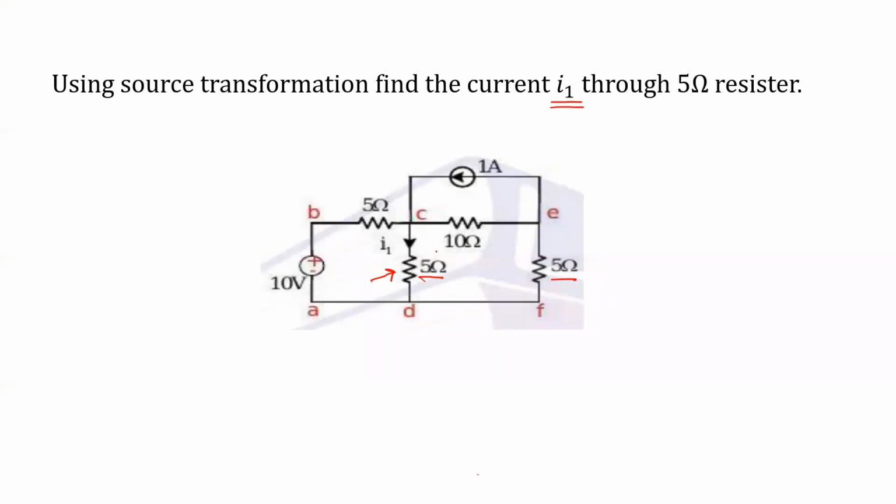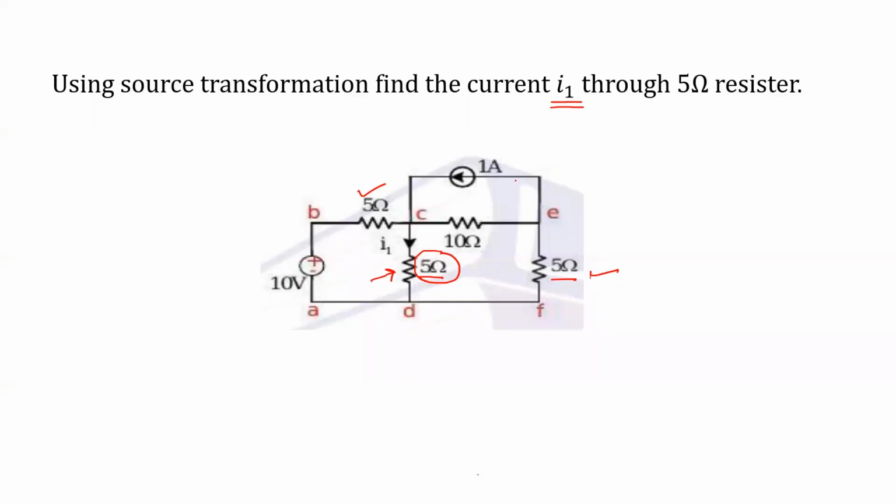So this 5 ohm resistance should not be disturbed and it should be kept as it is. And here there is one more 5 ohm. Out of the 3, I select this 5 ohm resistance because current I1 is flowing through this 5 ohm resistor, as given in the figure here. All right. So keeping that point in mind, the 5 ohm resistance should not be disturbed. It should be kept as it is.